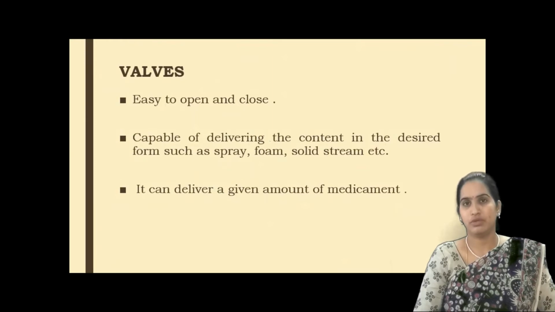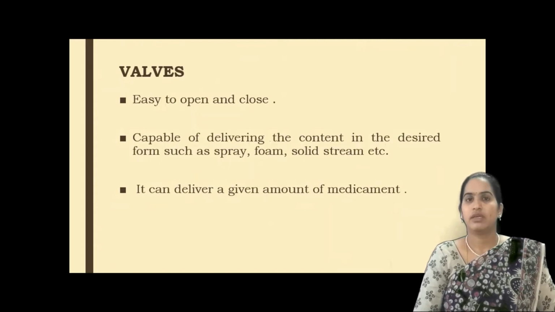By opening and closing the valve, we can deliver the product from the container, and these valves are capable of delivering the content in the desired form, such as spray, foam, solid, or stream.